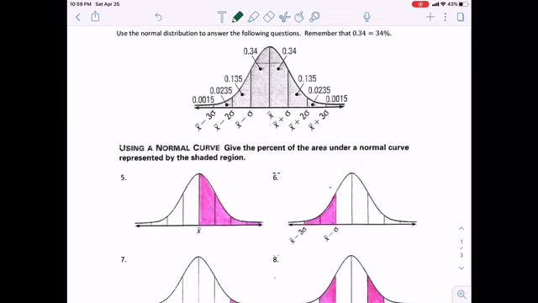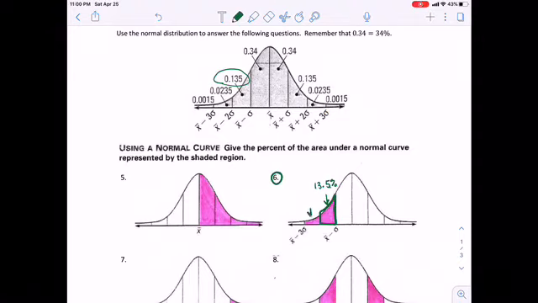So if we look, for example, here at problem 6, we have a normal distribution, and we want to know what percent of the data is in our highlighted portion. So in this first section right here, I can see by looking at my picture that that is 0.135, or in other words, 13.5% of the data falls in that little section of my graph.